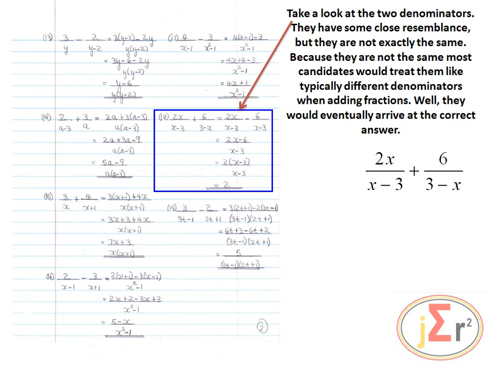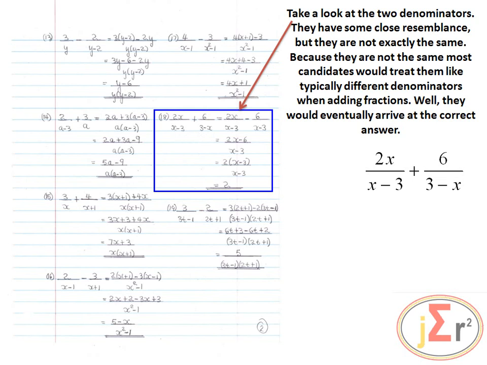But we will take a look at the significance of having denominators written like this. So take a look at the two denominators. They have some close resemblance, but they are not exactly the same.